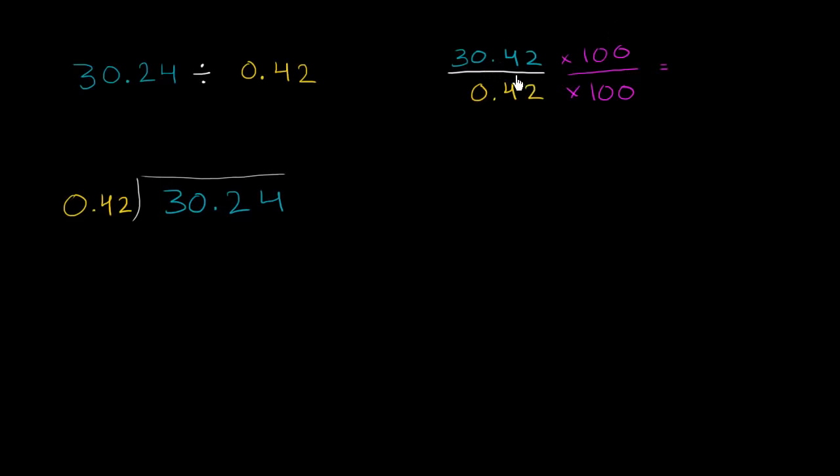So this is going to be 30.24 times 100, move the decimal 2 places to the right, gets you 3,024. The decimal is now there if you care about it. And 0.42 times 100, once again, move the decimal 2 places to the right, it is now 42. So this is going to be the exact same thing as 3,024 divided by 42.